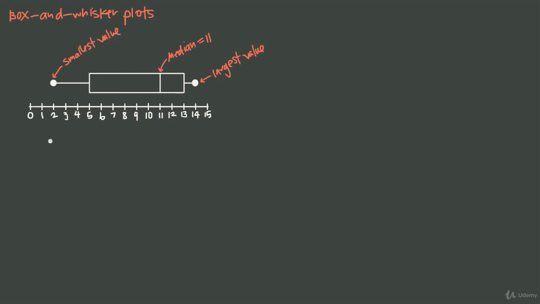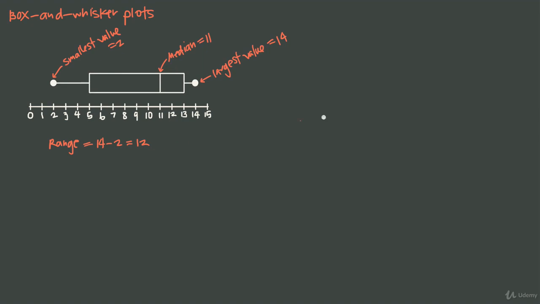So in order to find the range, we just take the largest value, which it looks like is 14, minus the smallest value, which it looks like is 2. The range will be 14 minus 2, or 12. So it's really easy to see the range from this plot as well.